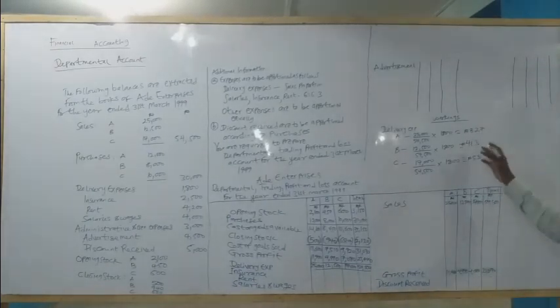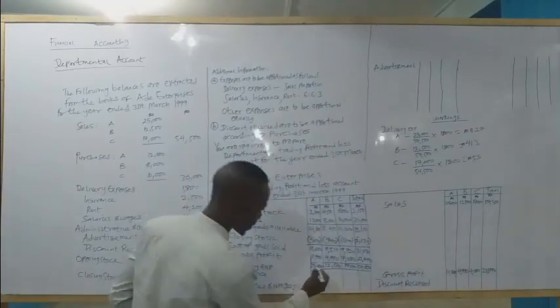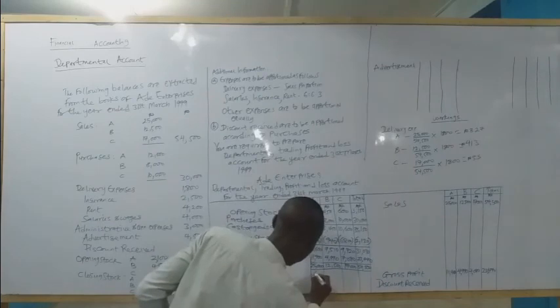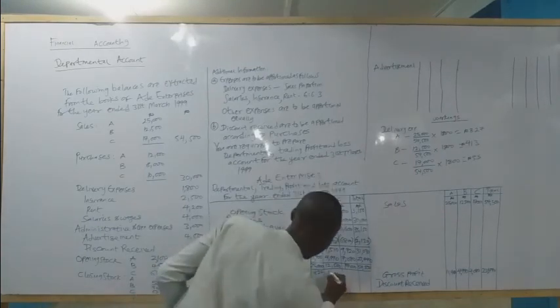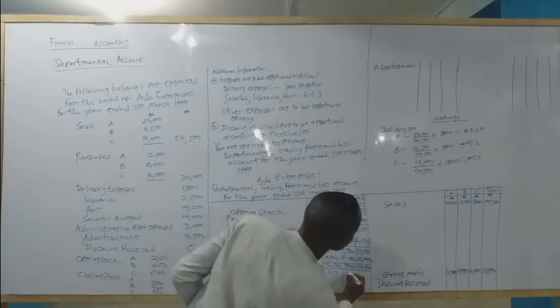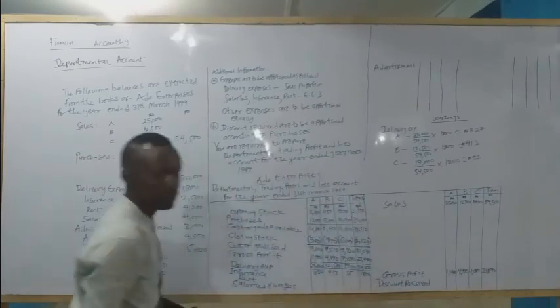So this is how we apportion the delivery expenses. Then we put the delivery expenses: 827, 413, 55, making a total of 1,800.